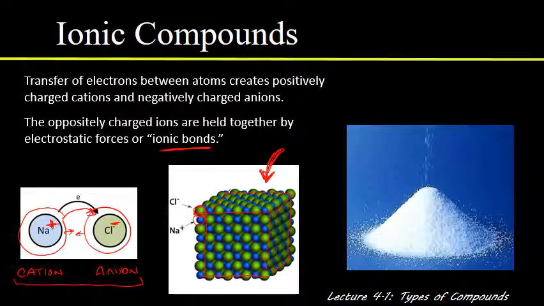A lot of the transition metals form ionic compounds that have really nice colors, purple and green and orange and things like that. But generally speaking, because ionic compounds have positive and negative charges, they form these nice crystals, and so in the macroscopic state, they'll appear as crystalline solids.